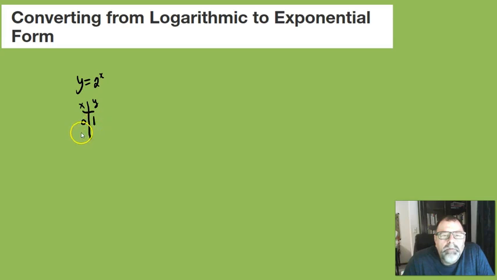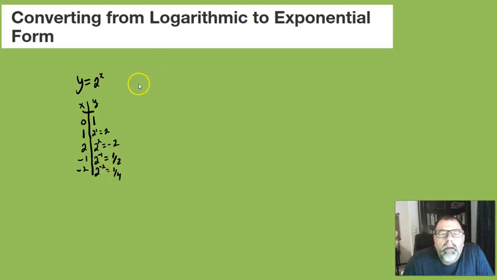And then 2 to the first is 2. And then 2 squared is 4. Then -1: 2 to the -1 is 1/2. And then 2 to the -2 is 1/4.